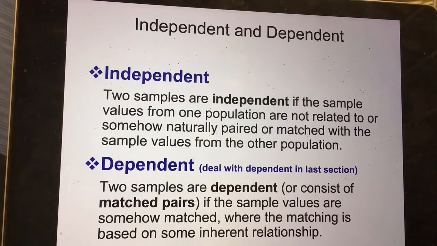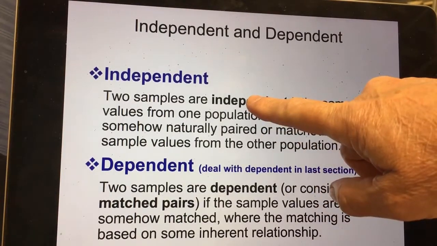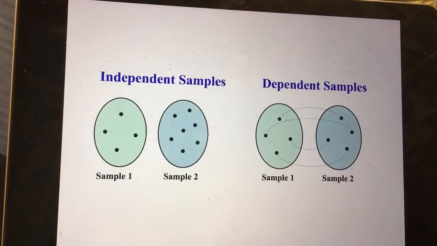Two samples are independent if the sample values from one population are not related to or somehow naturally paired or matched with sample values from the other population. Two samples are dependent, or consist of matched pairs, if the sample values are somehow matched, where the matching is based on some inherent relationship. We're going to deal with dependent samples in 9.3. 9.2 is dealing only with independent samples.